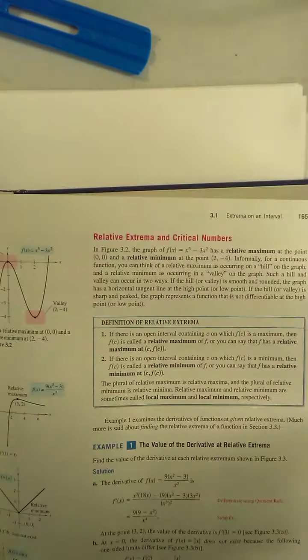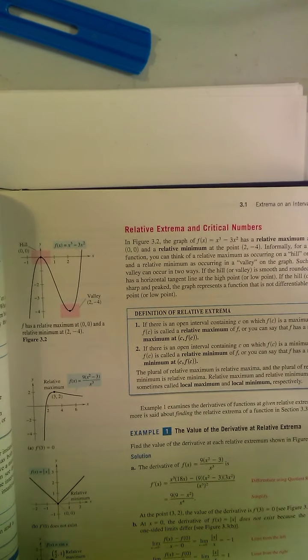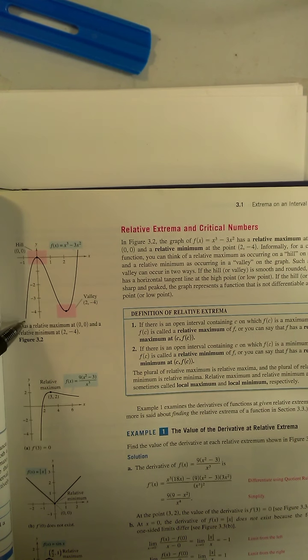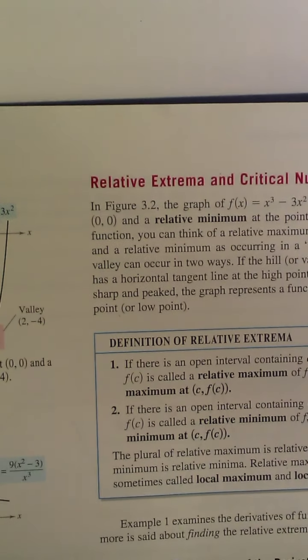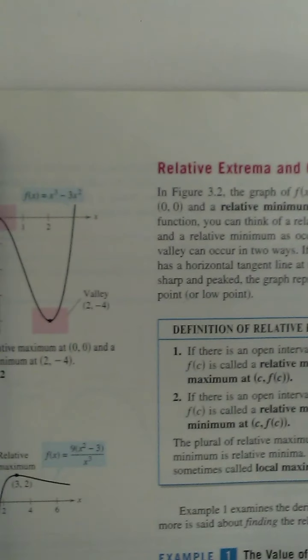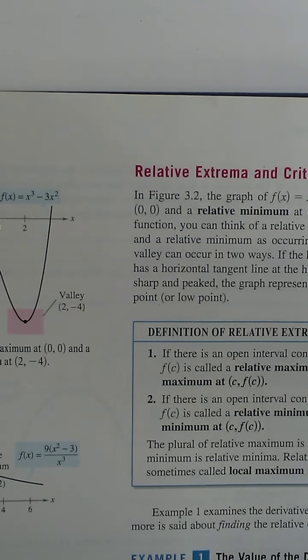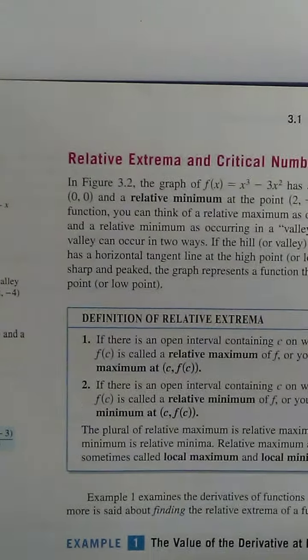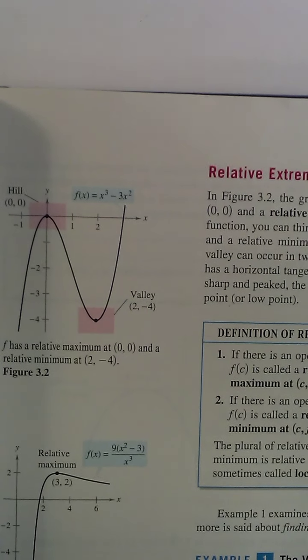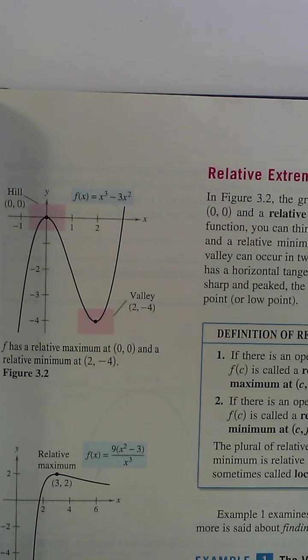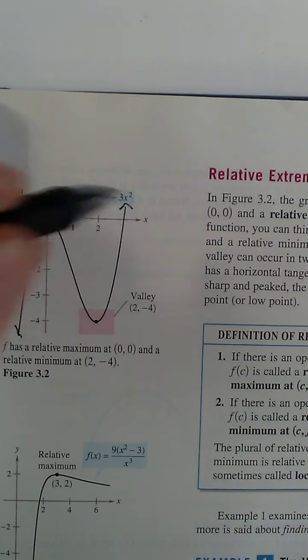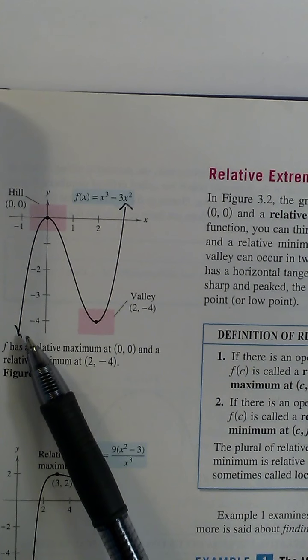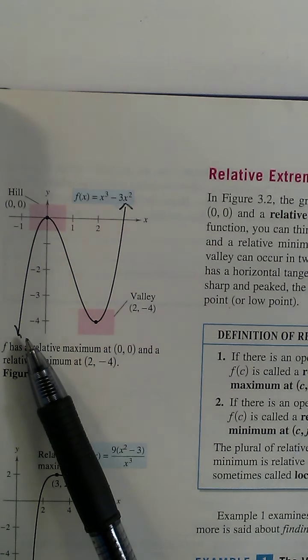Now if you look at this guy up here, there are no endpoints. There's arrows at the end of these guys, so these go on. Since this decreases without bound, there is no global min.